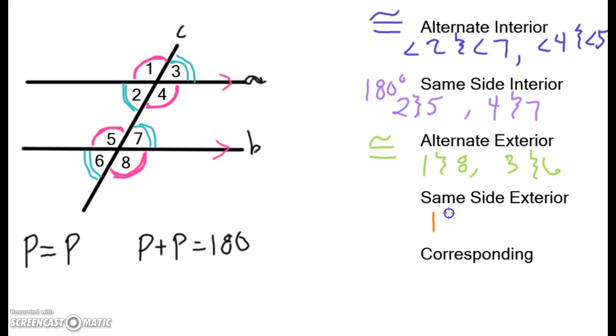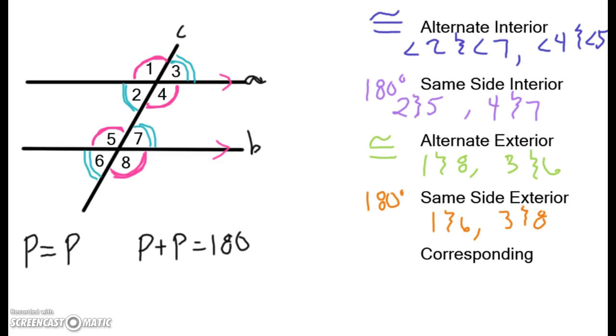So I've got 1 and 6, or 3 and 8. Now, if we look at those, 1 is pink and 6 is blue. So obviously they're not going to be equal to each other. 3 is blue and 8 is pink. They're obviously not equal to each other. If they're not equal to each other, the only other choice we have is that they make 180 degrees.